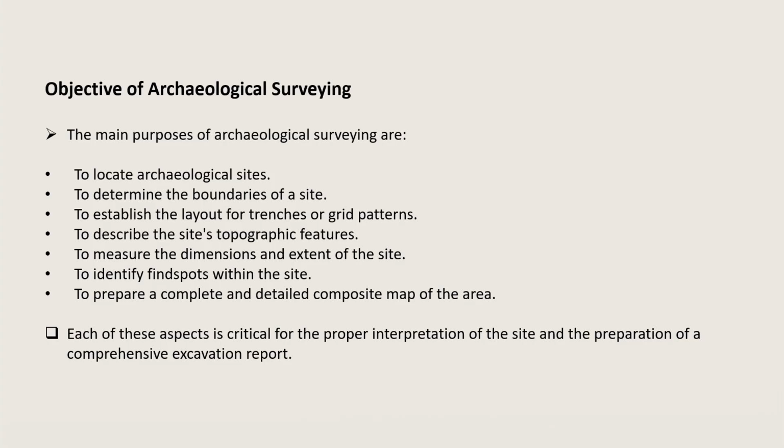The objectives of the archaeological survey are to locate archaeological sites, to determine the boundaries of a site, to establish a layout for trenches or grid pattern, to describe the site's topographic features, to measure the dimensions and extent of the site, to identify find spots within the site, and to prepare a complete and detailed composite map of the area.